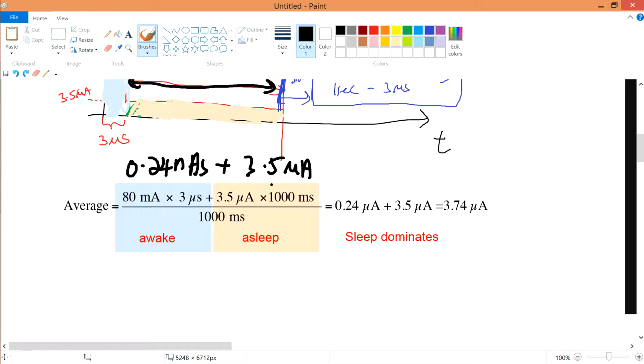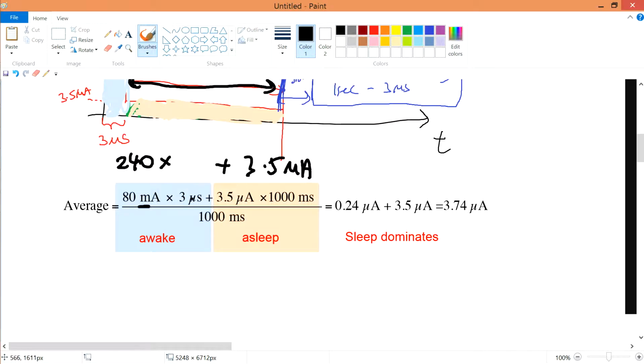If you don't understand what I mean, you just write it down on paper and do it yourself, then you can understand. Otherwise you just skip back a few seconds and watch again. So over here I have 0.24 nanoampere second plus 3.5 microampere. In fact I just realized that this is not 0.24 nanoampere second. 80 times 3 is 240.